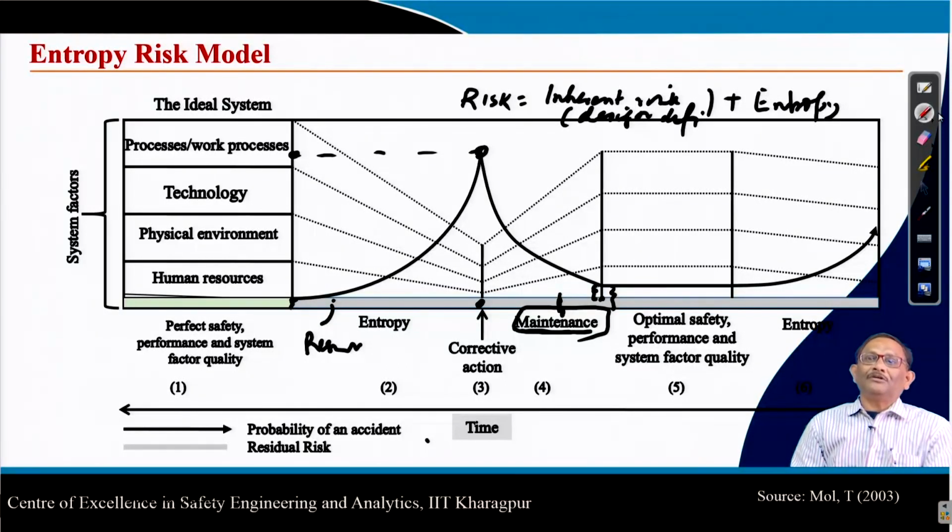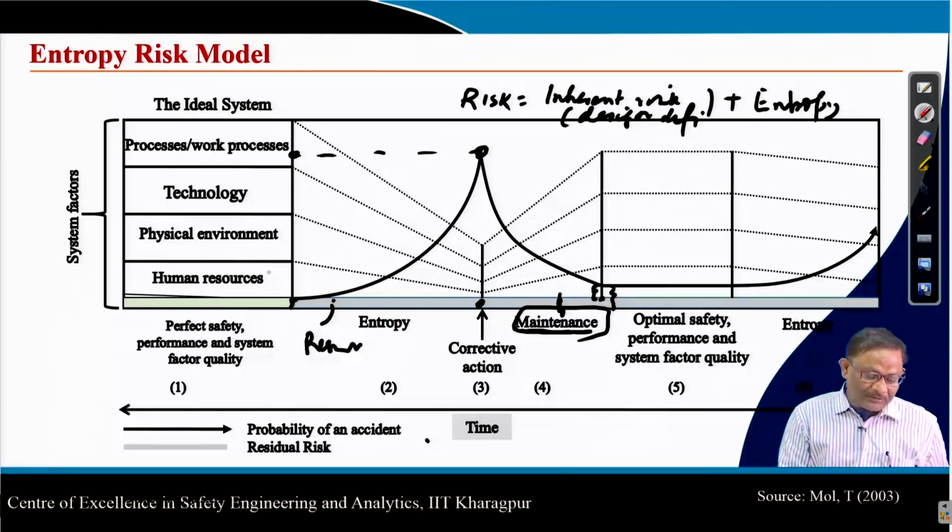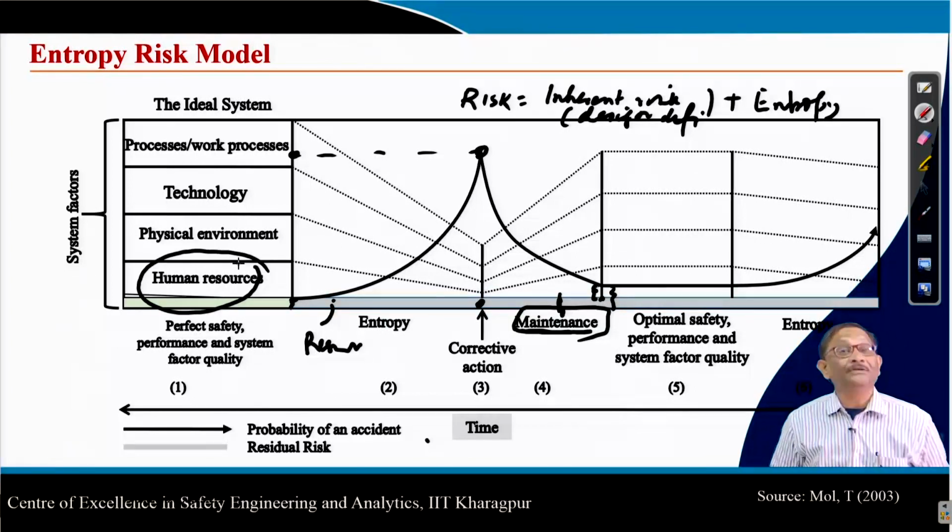Maintenance logs give a lot of good information about safety. You also cannot ignore the human component, the process technology component, as well as the surrounding environment. You have to have proper mechanisms by which the necessary data can be captured.